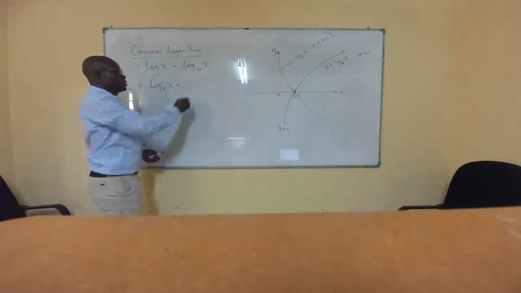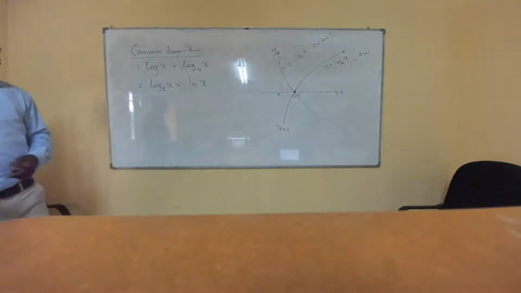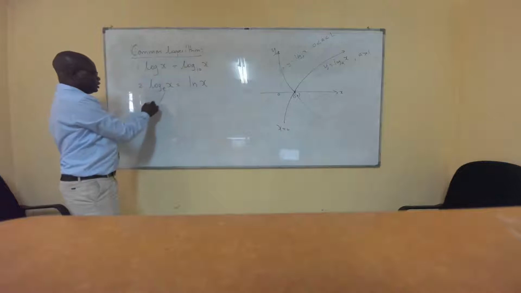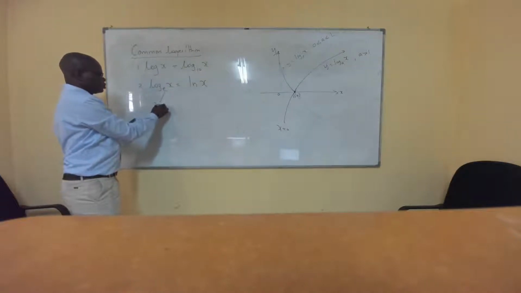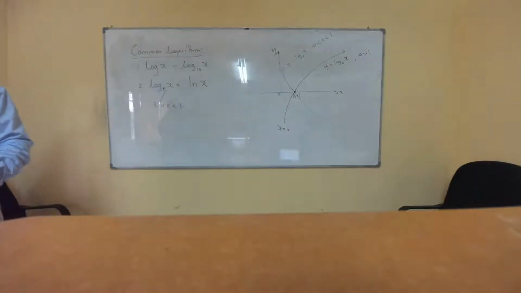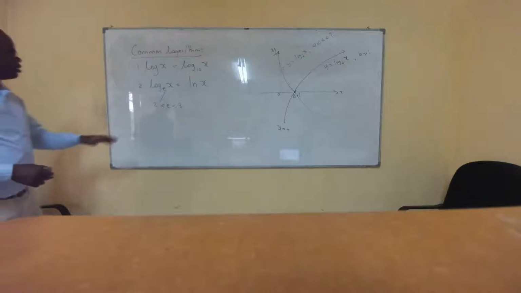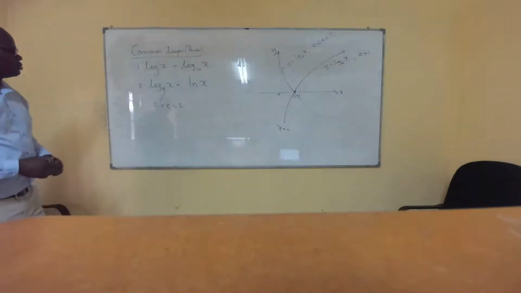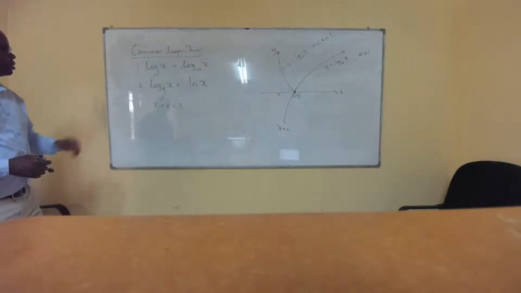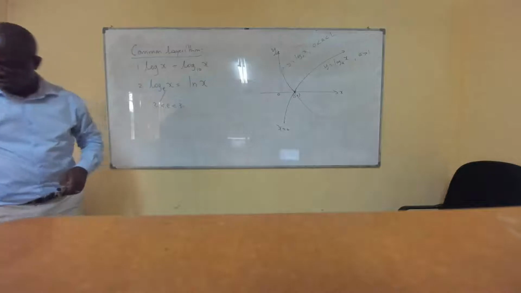On your calculator, you see it as ln x. And this e is a number between 2 and 3. It is actually the limit of some function which I will not dwell much on, but it should be known.